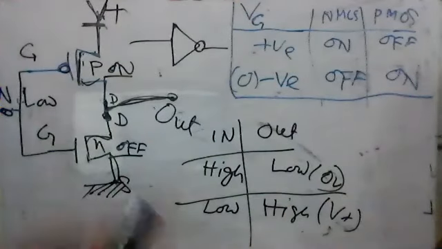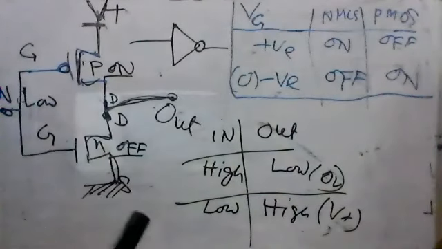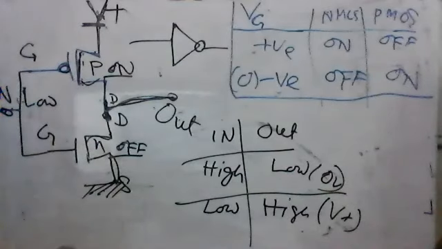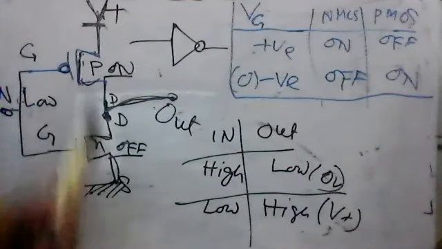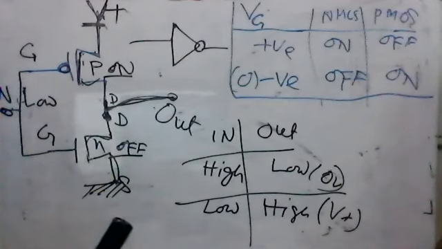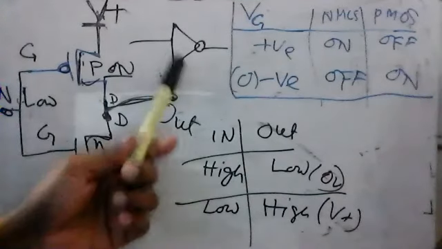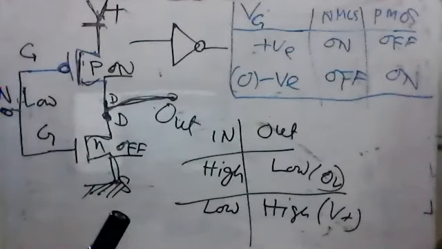We can build one inverter just by using one CMOS. Right? One PMOS and one NMOS is considered as one CMOS. So by using one CMOS, we can build an inverter. This is the simplest circuit.